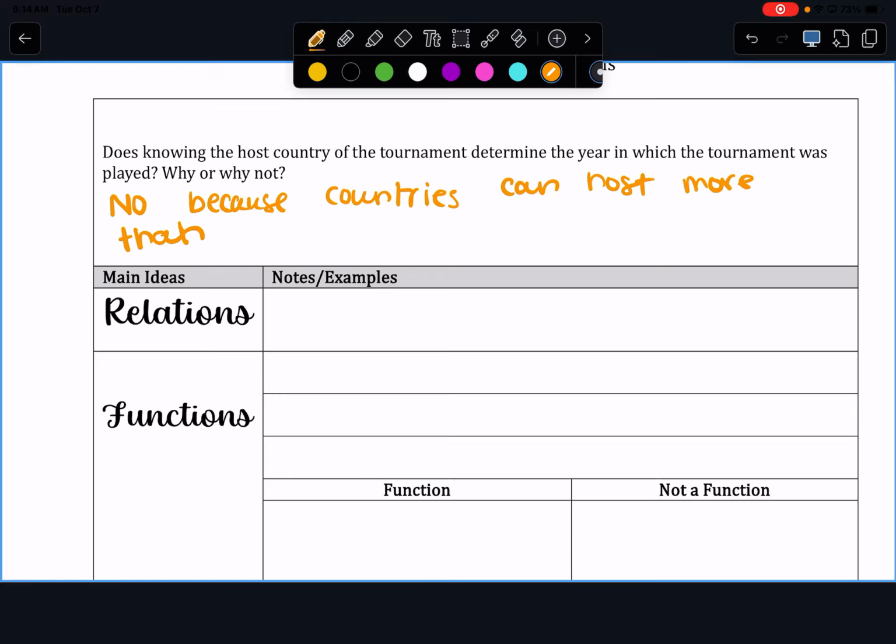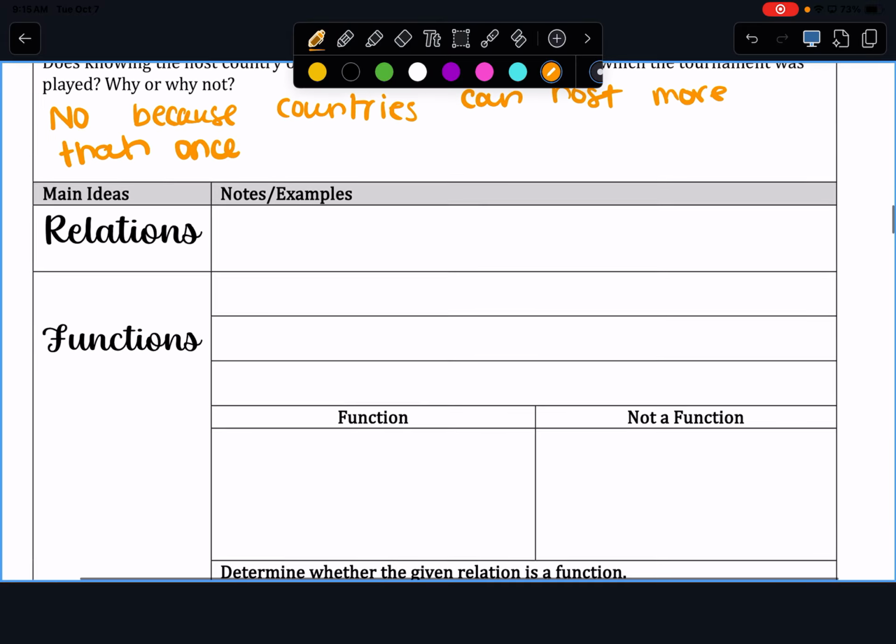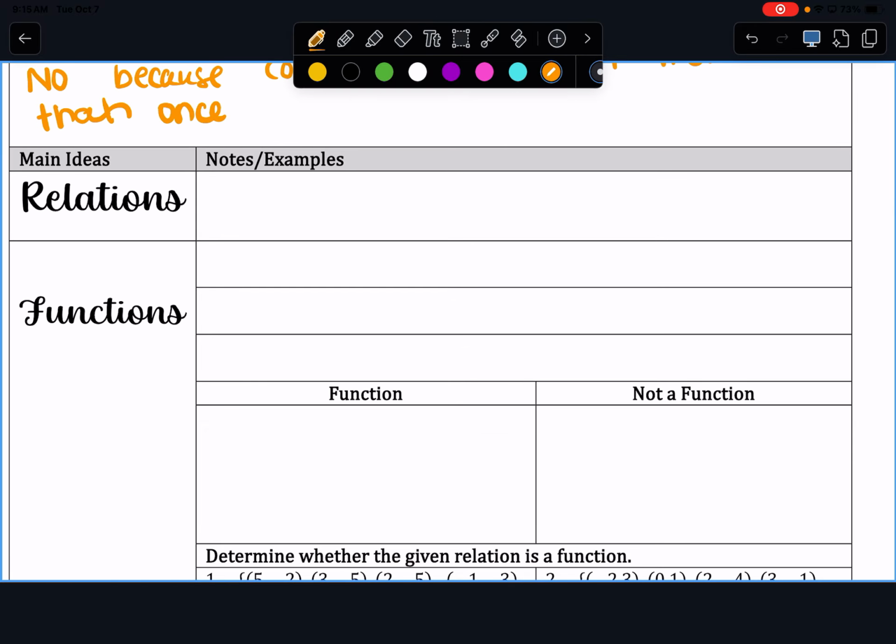So the reason we looked at this is some of these relationships, they're all relations. They're all related. It's relationships between different things. But some of them represent functions. And that is what this unit is all about, functions. So first things first, we are going to identify what is a relation and what is a function. So relations.